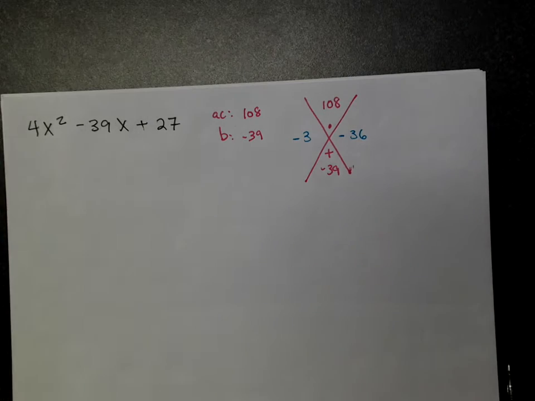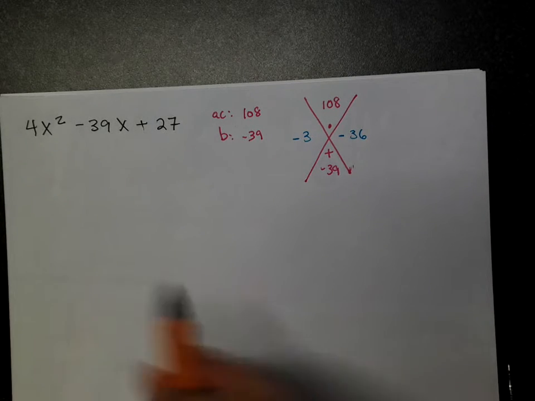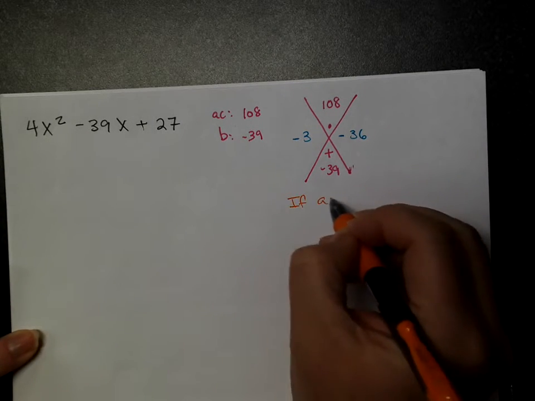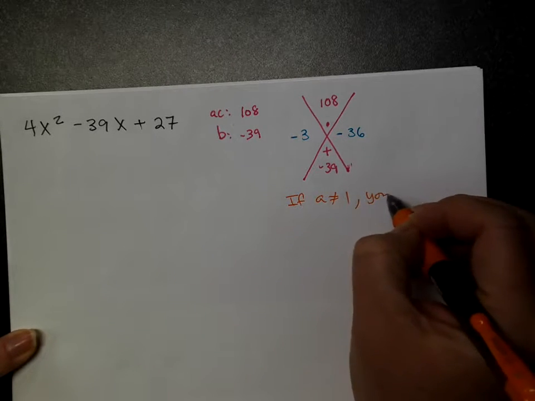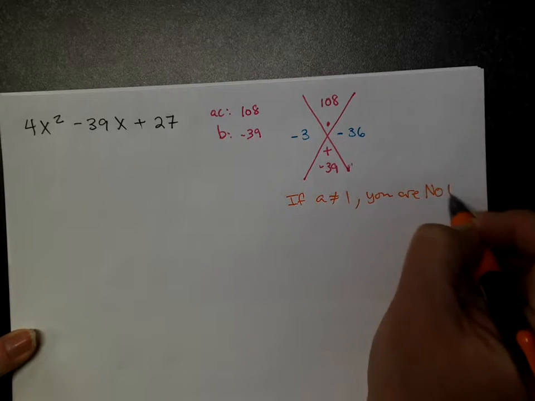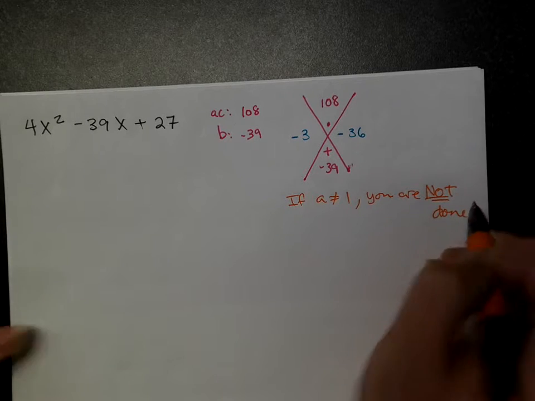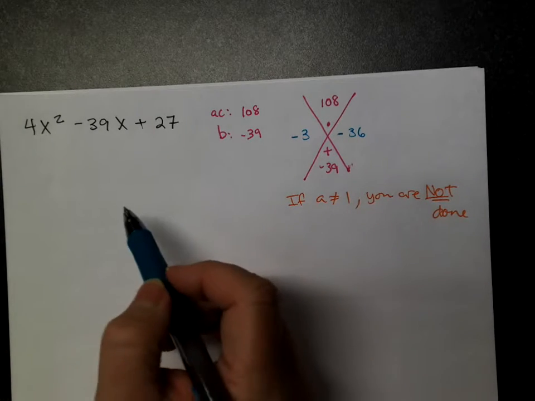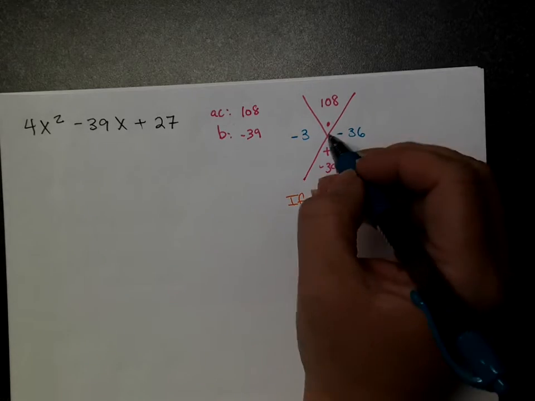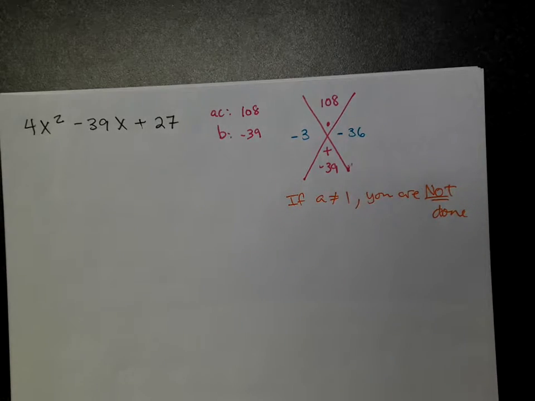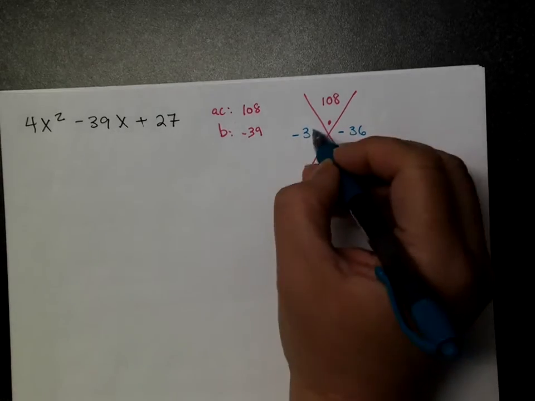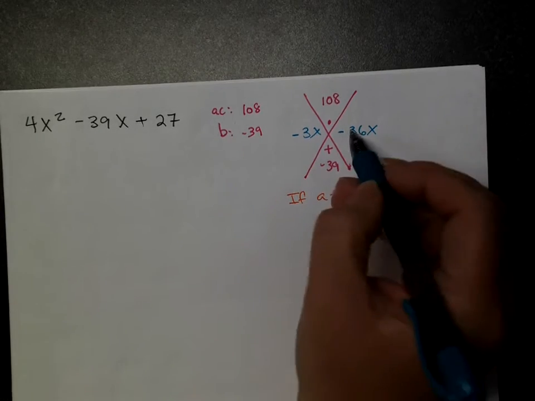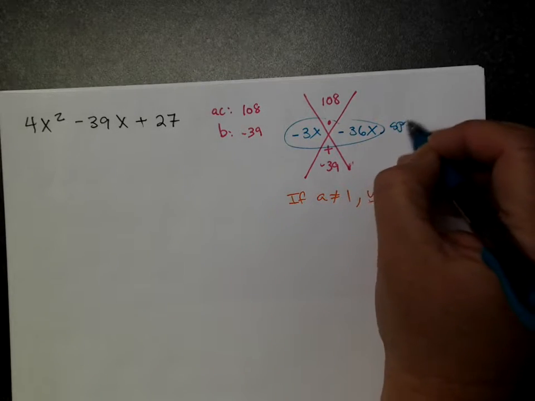Okay. Now remember, if A is not 1, you are not done. You have a second step. This is your split middle. What is your middle variable? Just an x. Right. So this is your split middle.